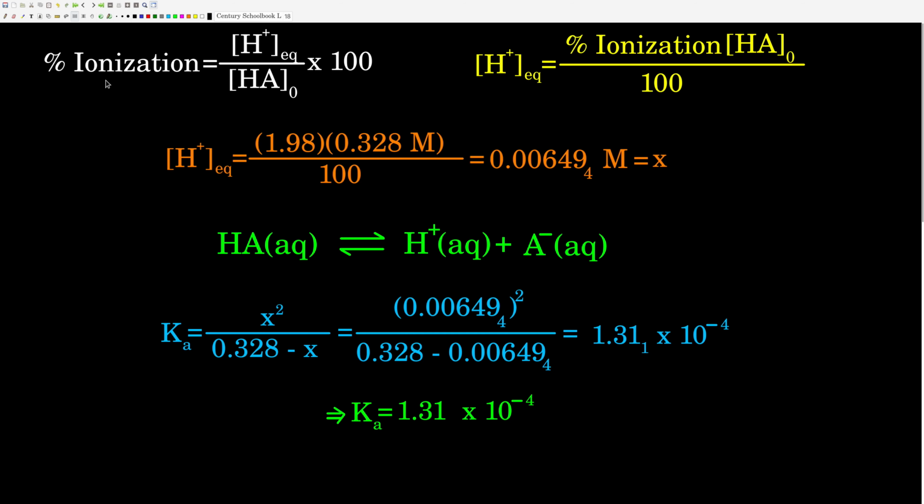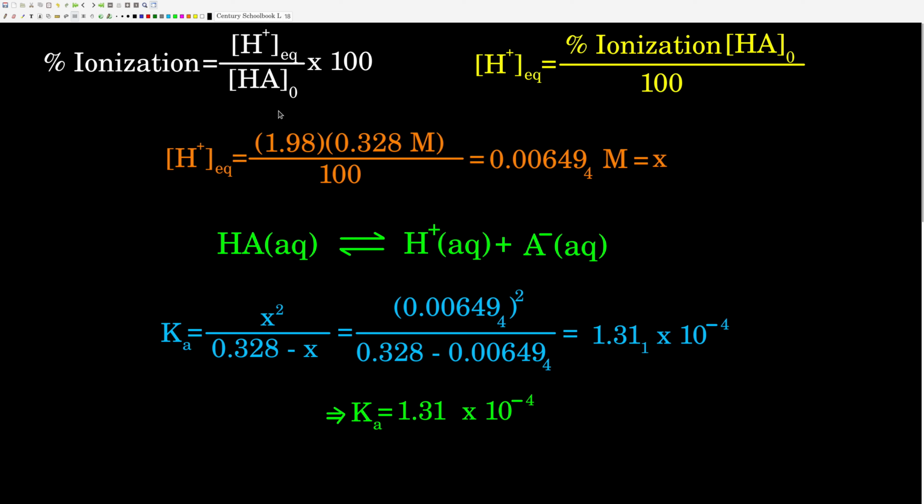So start out with the definition of percent ionization, and like I was trying to explain a minute ago, just rearrange this. Divide by 100, and we solve for the concentration of hydrogen ion at equilibrium. It's equal to the percent ionization times the initial concentration of the acid over 100.